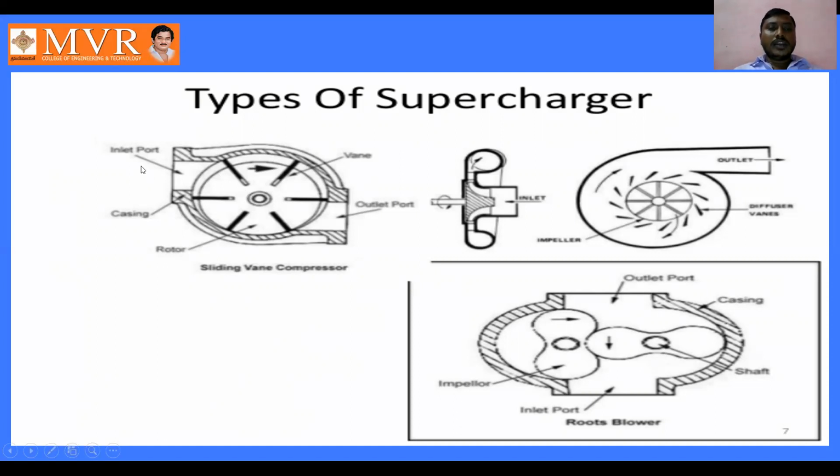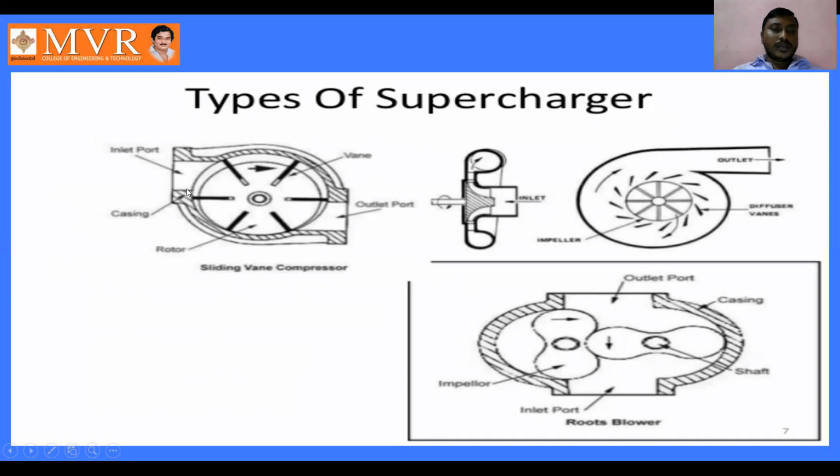From the inlet port we give the pressurized, high pressure air into the engine cylinder. The air is compressed between the casing and the rotor.